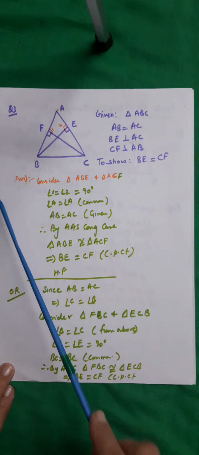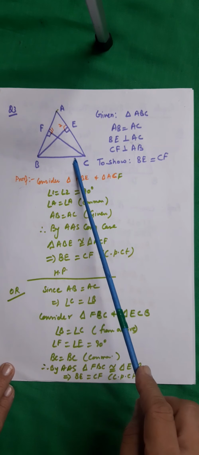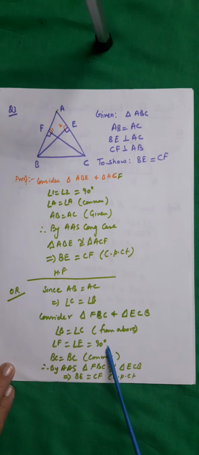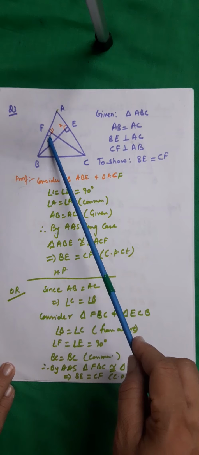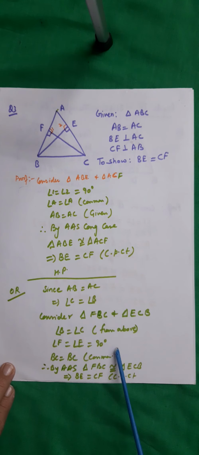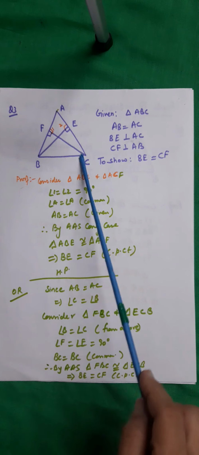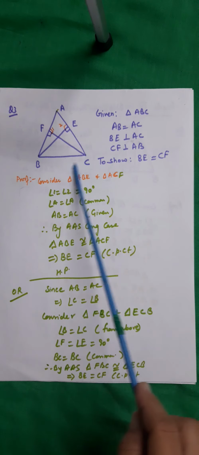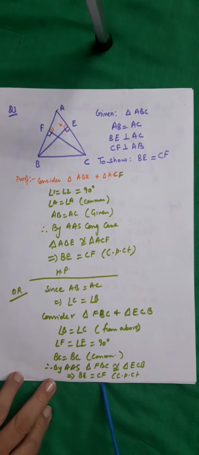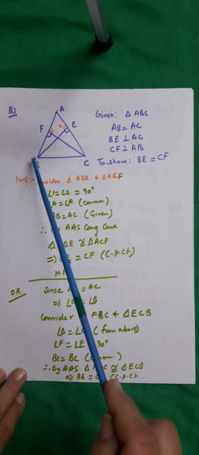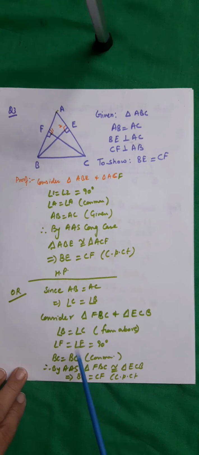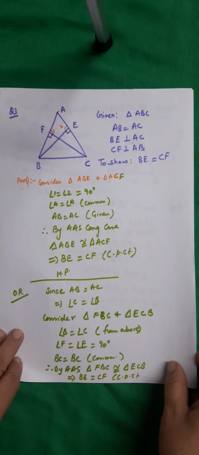In these two triangles, angle B is equal to angle C and angle F and E, they are equal to 90 degrees and BC is common. Therefore, by AAS case, these two triangles on the base BC will be congruent. If they are congruent, then again we can say that BE is equal to CF by CPCT.